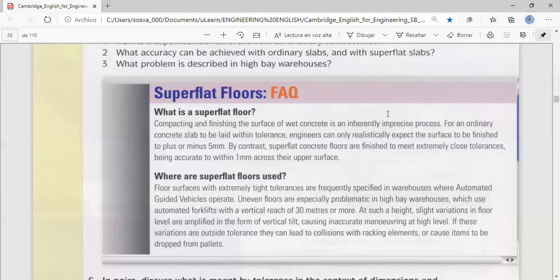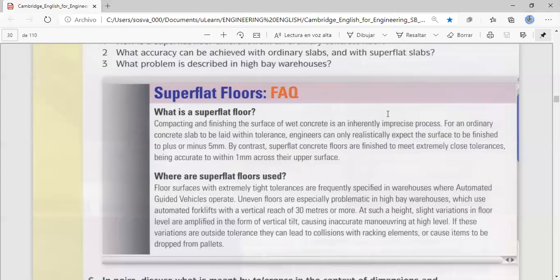Okay, so it's compacting and finishing the surface of wet concrete is an inherently imprecise process. For an ordinary concrete slab to be laid within tolerance, engineers can only realistically expect the surface to be finished to plus or minus 5 millimeters.